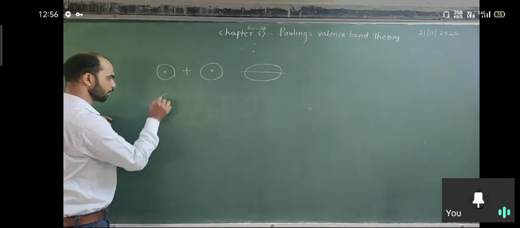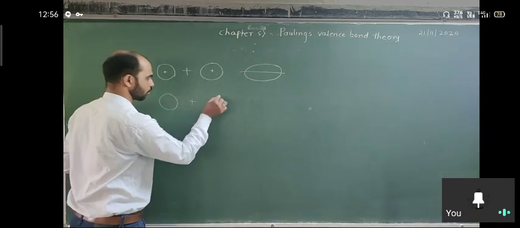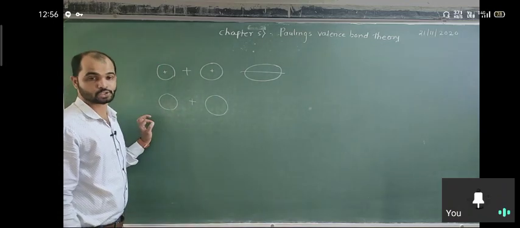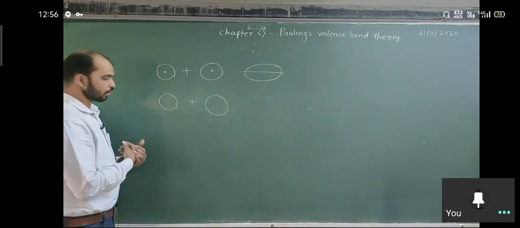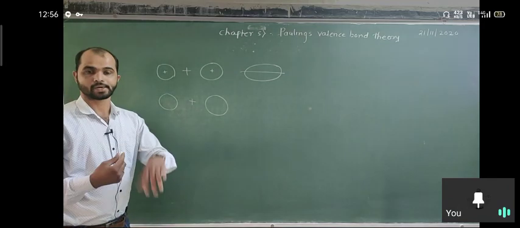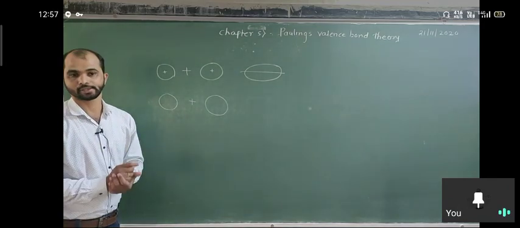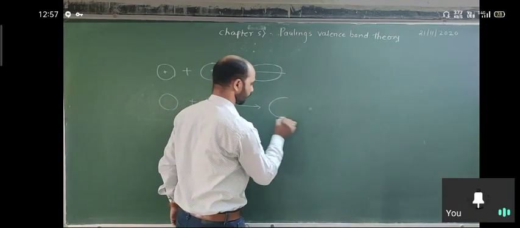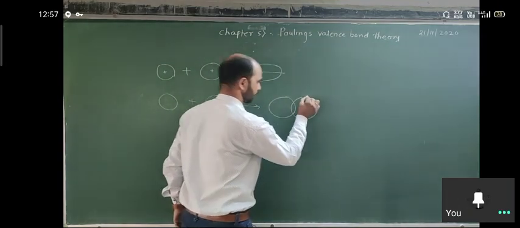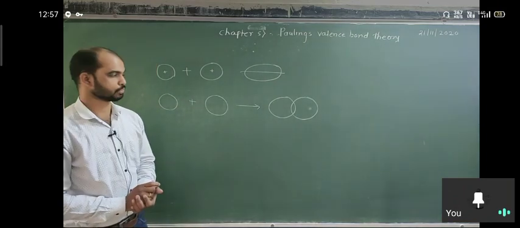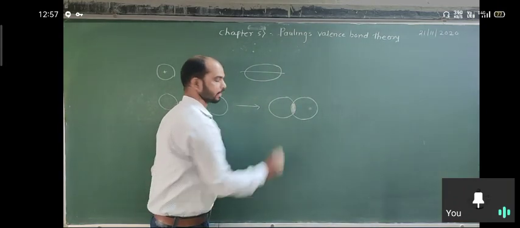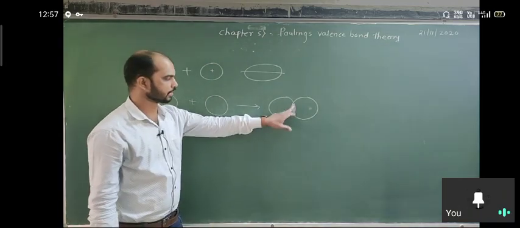But according to VBT, if two atomic orbitals interact or are attracted towards each other, they overlap. Overlapping means some part is mutually shared. So we can represent the orbitals this way. This is the overlapping area, and electrons are concentrated here.